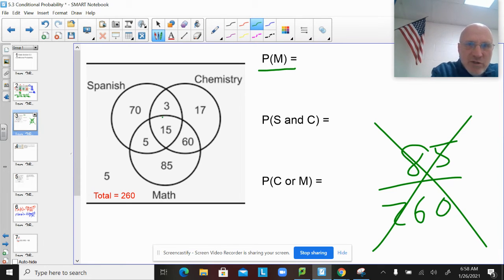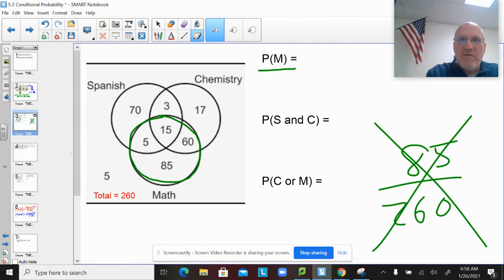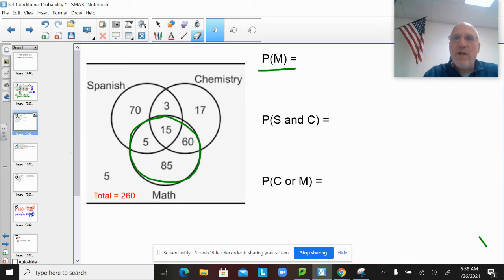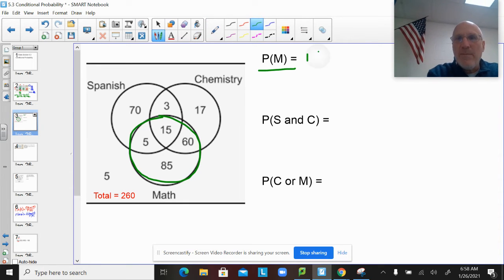The math majors, all of these people are math majors. So we've got to add up all of those numbers in there, 85 and 60 and 15 and 5, and that's 165, I believe. The probability of choosing a math major is 165 out of 260.